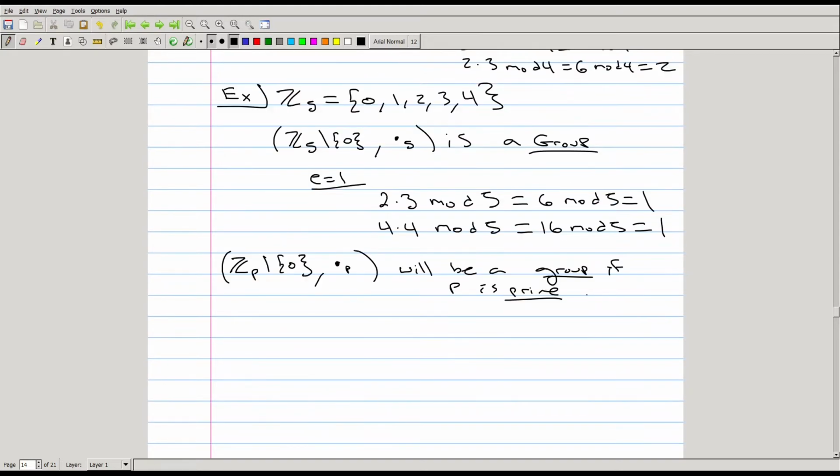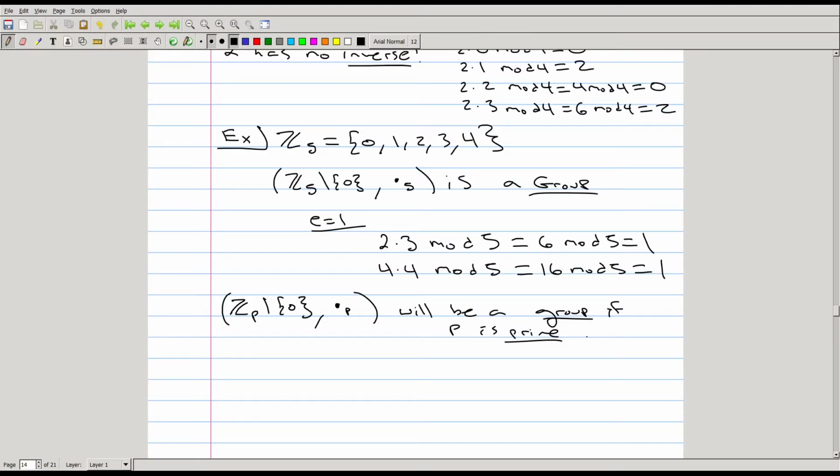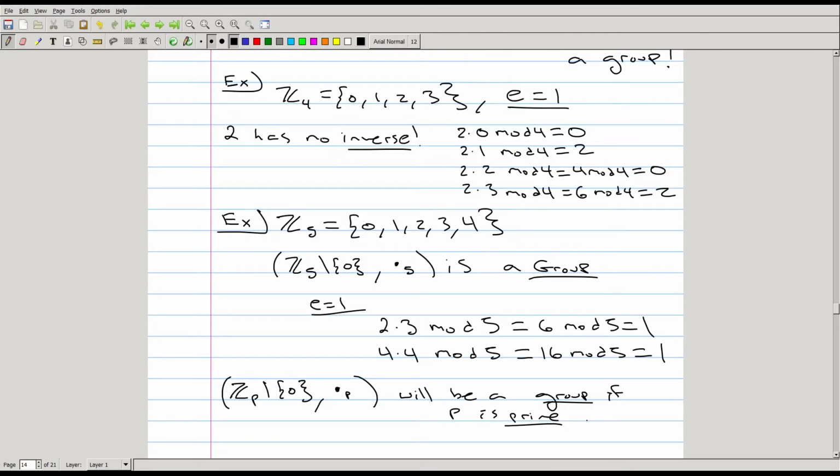Now I want to make an interesting point here. You'll notice that in the example that works, where Z5 is a group, well, Z5 isn't a group at all. What I've had to do was remove the 0 element from Z5 in order to make it a multiplicative group. So these values 1, 2, 3, and 4 are called units, or invertible elements that are non-zero in Z5.